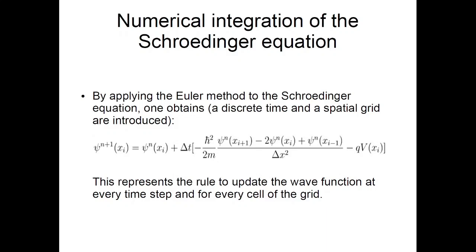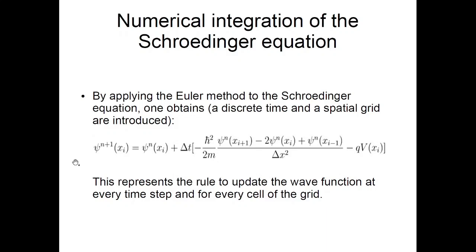In the same way, we use the finite differences that we have seen before to also approximate the spatial second derivative of psi that you see here, and essentially we end up having a way to numerically discretize the Schrodinger equation. This will be in practice the Euler method that we are going to apply to the Schrodinger equation.